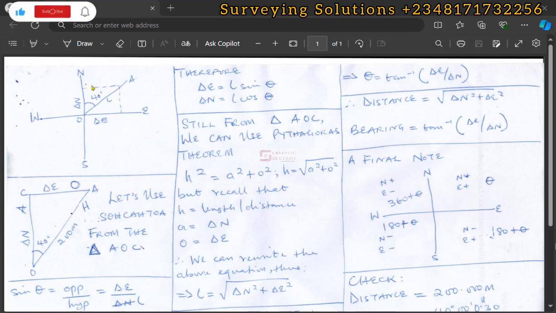So these are some fundamental concepts. Now let us stick to what we have. We have a 40 degrees bearing from a distance OA, right? Good.